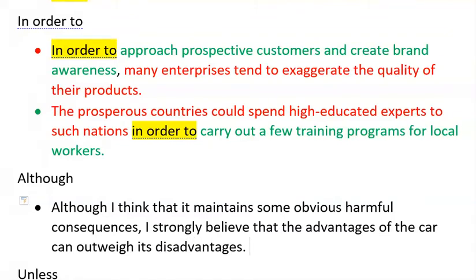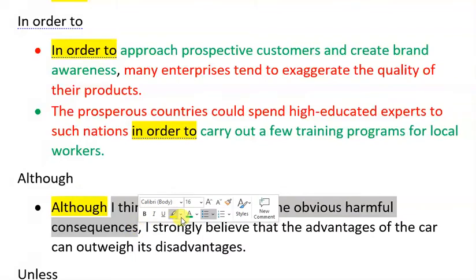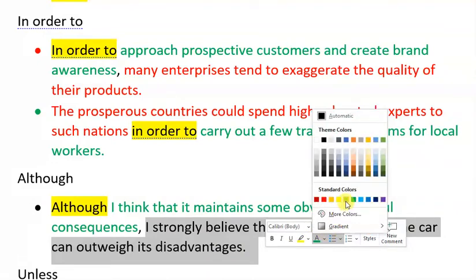Okay, so although is the conjunction, after that and this is the independent clause.